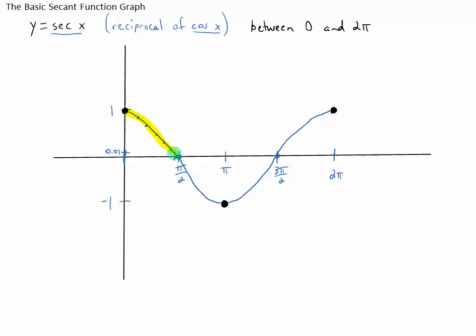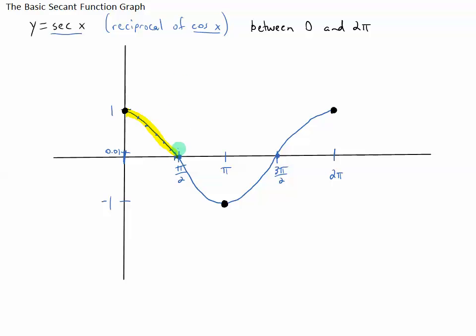Secant's going to have a y value of 100, way up here. Okay? So the idea is when you take the reciprocal of numbers smaller than 1, you get a number bigger than 1. And as I keep getting close to 0 here, 0.001 is also closer to 0. Its reciprocal will be 1,000.